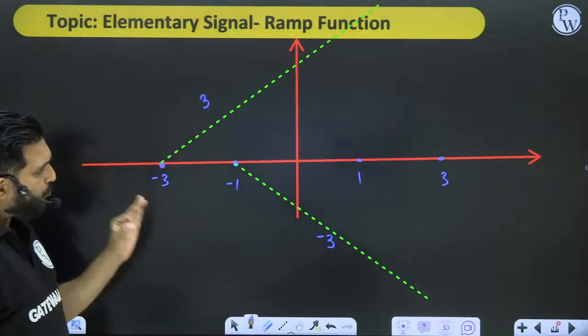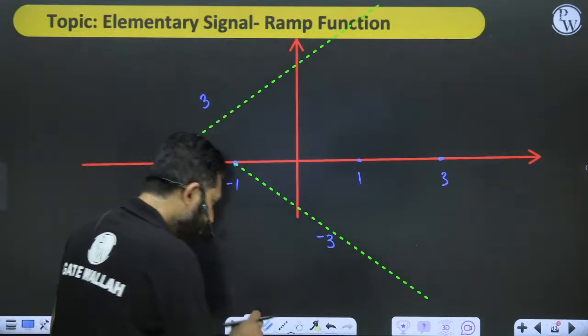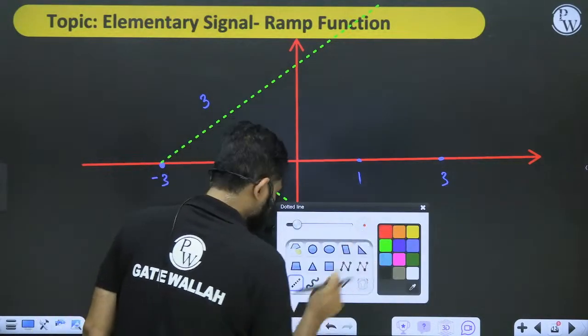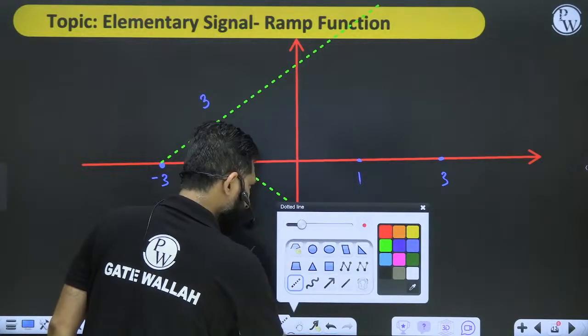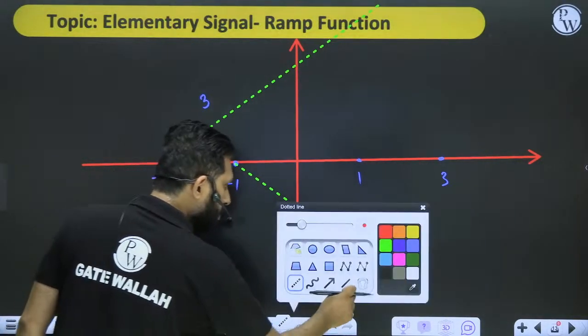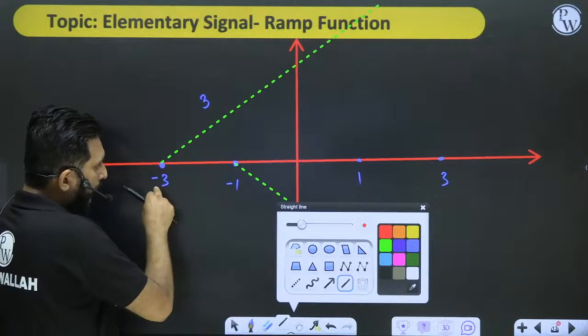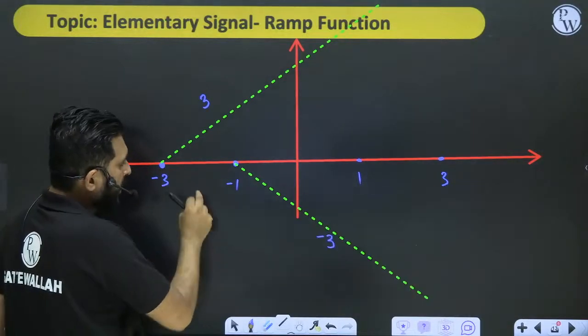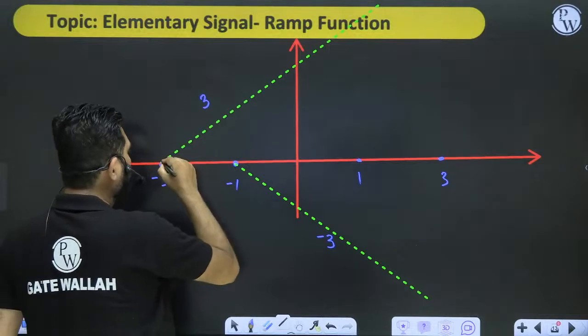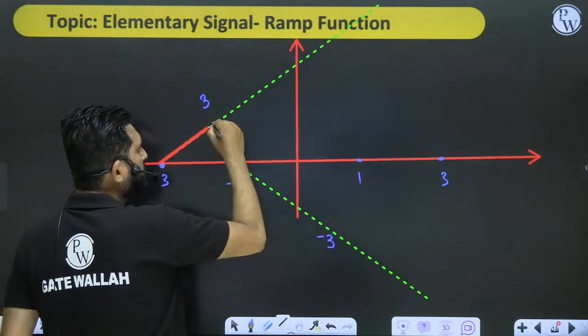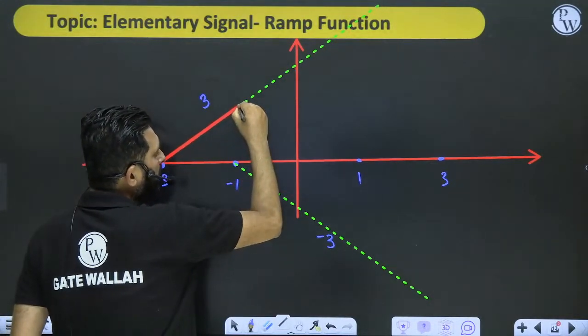Now tell me what happened to this line. See here, listen carefully now. Up to -3 to -1, no one stops this ramp. So this ramp will continue its journey till -1.